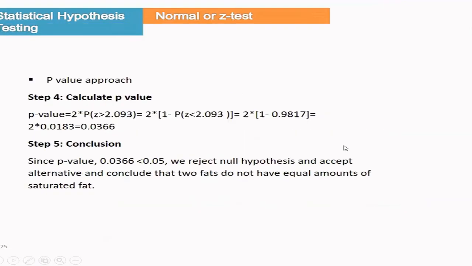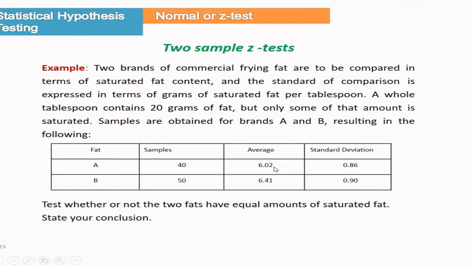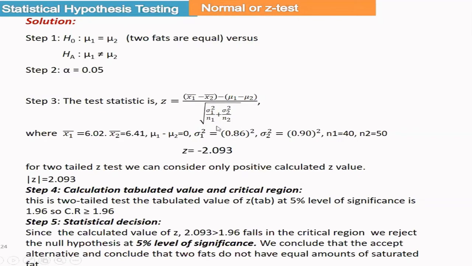The sample sizes are 40 and 50. If you put in all the values, we get the value of Z from the test statistic as minus 2.093. As it is a two-tail test, I told you we always take the positive value. So the value of Z will be 2.093. We have calculated the value of Z from the test statistic as 2.093.